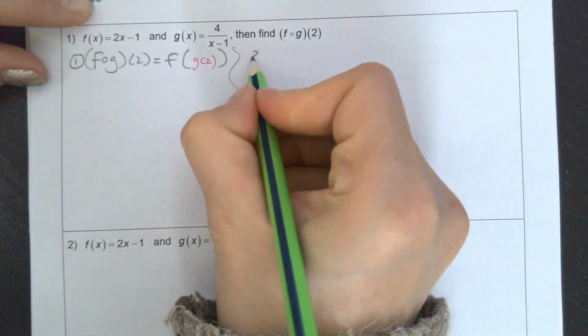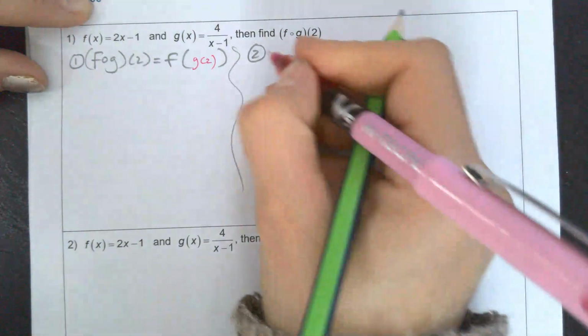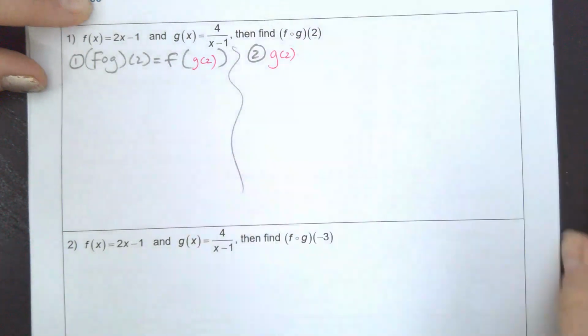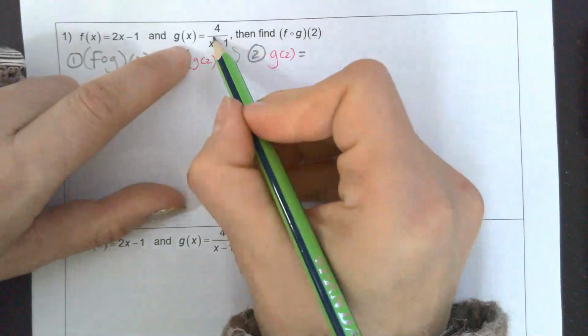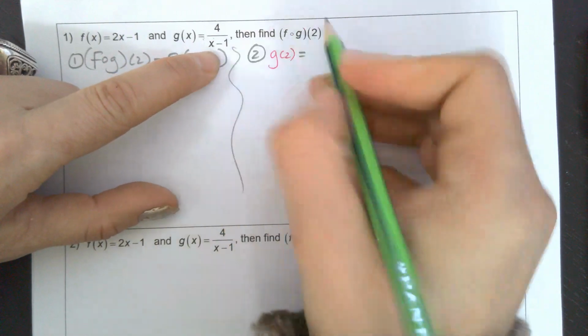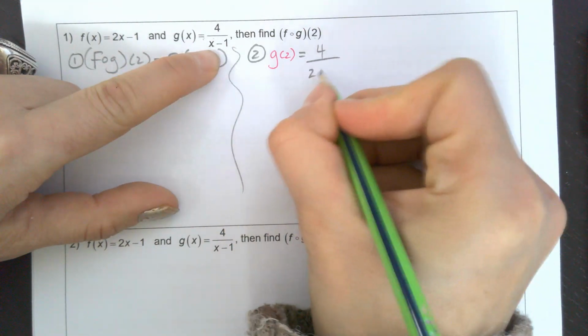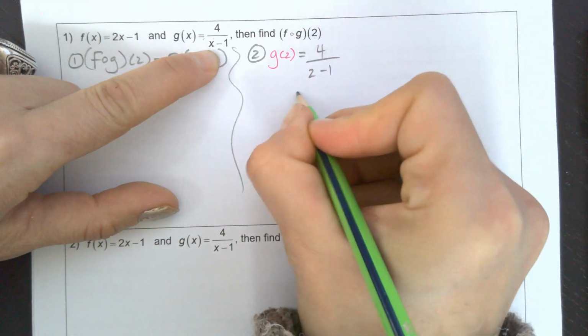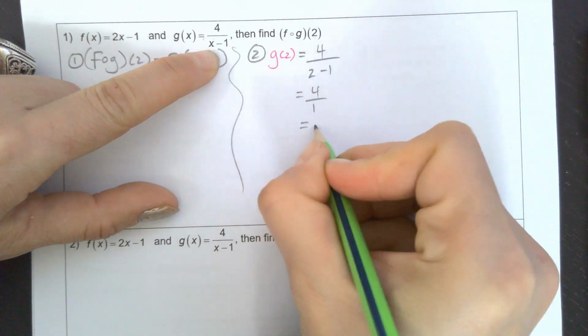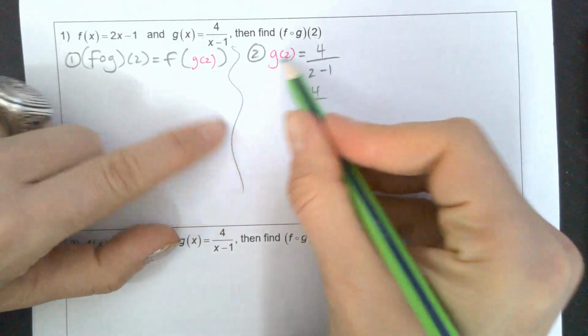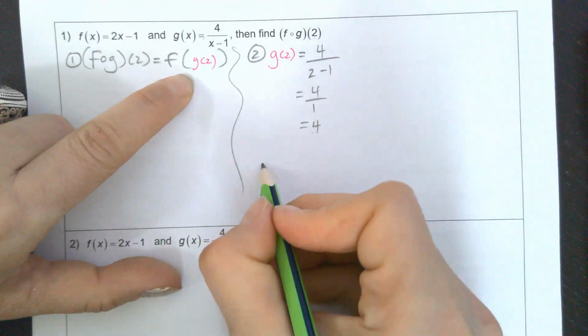Then my second step is I want to find g of 2. That means look at g and put 2 inside there. So it's really 4 over 2 minus 1, 4 over 1, which equals 4. So now I know g of 2 is equal to 4.